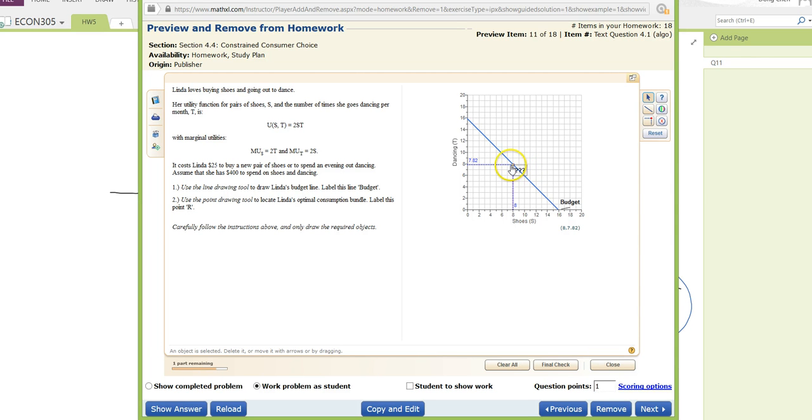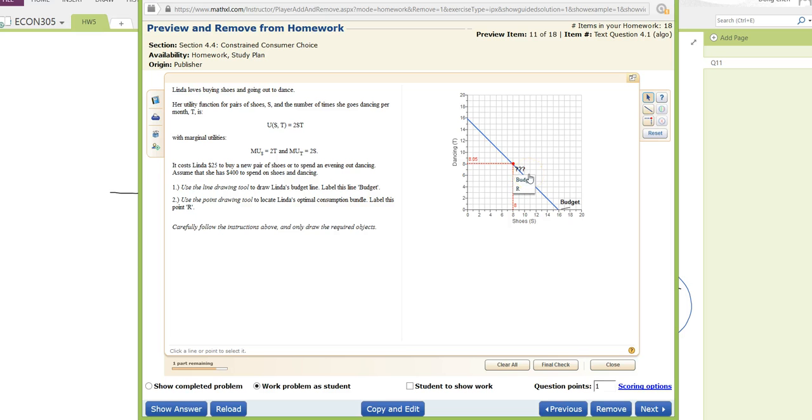Sometimes this may not be very precise, but what I found from Pearson MyEconLab is that even though your point is not exact, you can still get credit. So let me try this.